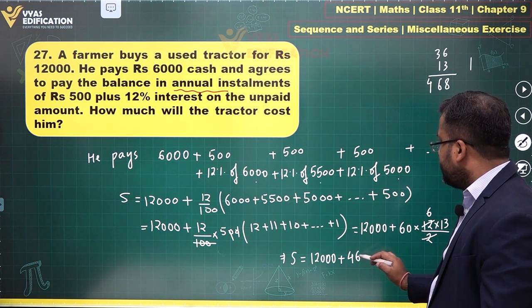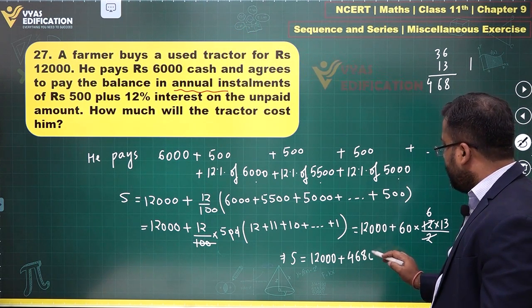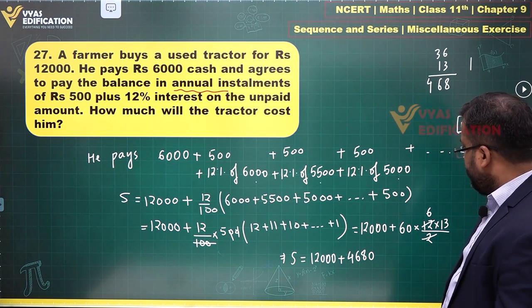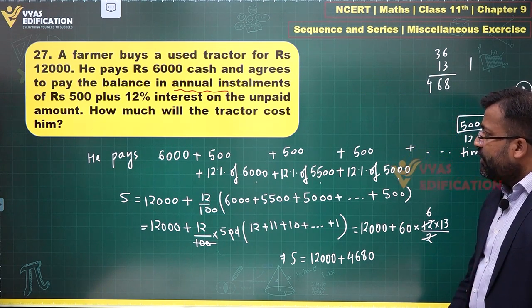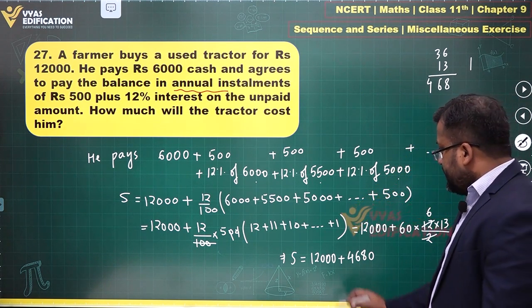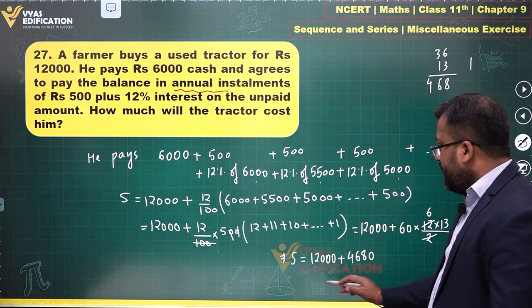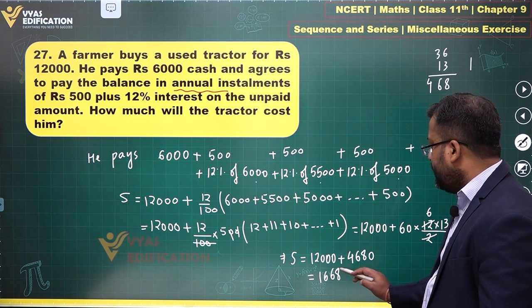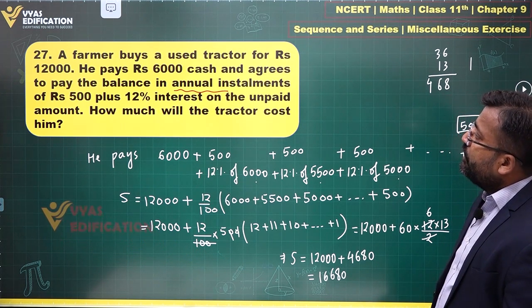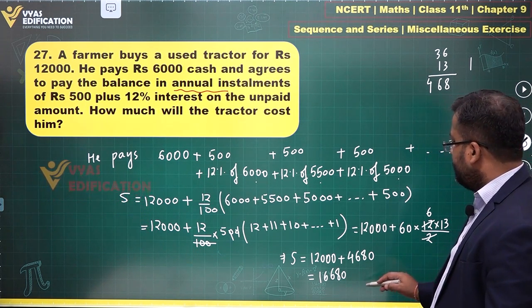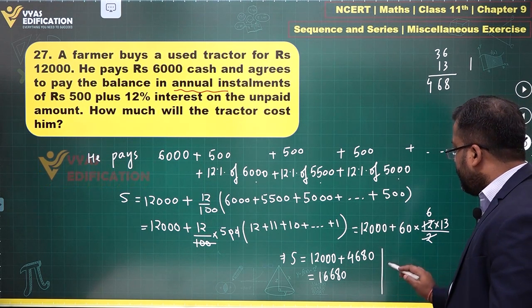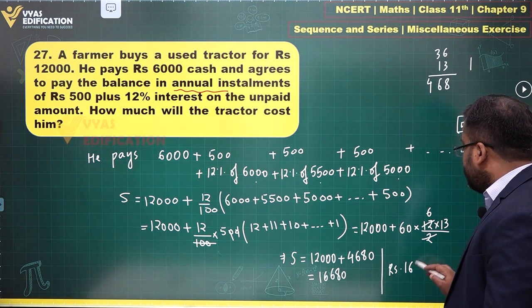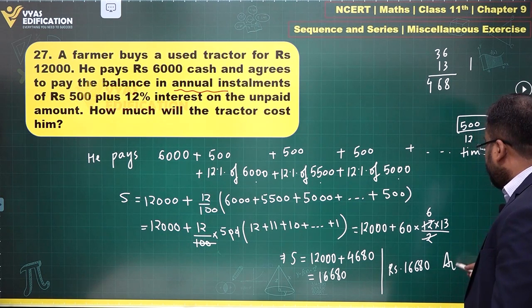So 4,680 is the extra amount that he has paid on this amount. What else? 12,000 plus 4,680 becomes equal to 16,680 rupees. So that's the final amount, and rupees 16,680 is my answer for this question.